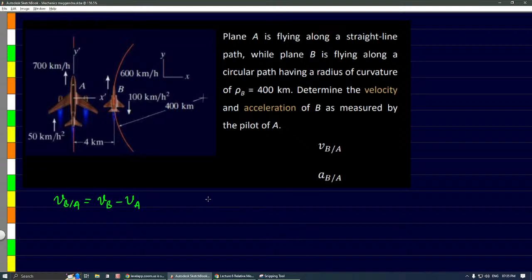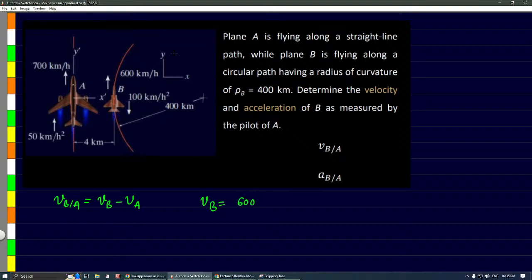Let us find them first. So how much is the velocity of B? It's moving upwards, so the velocity of B is 600 kilometers per hour.